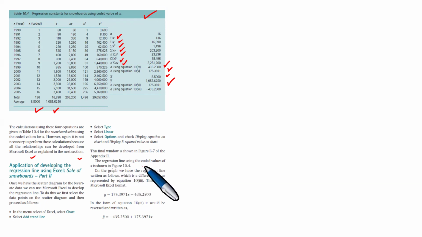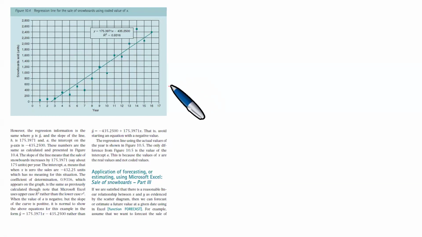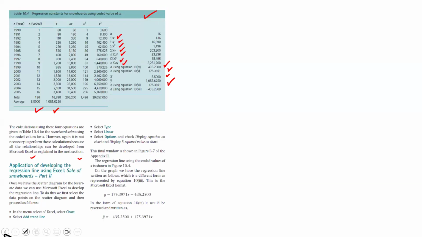So in other words, the regression line using the coded values of x is shown in Figure 10.4. We're going to discuss the regression line there. On the graph we have the regression line written in a different form from that represented by equation 10.3. This is the Microsoft Excel format. In the form of equation 10.3, it would be reversed and written as this.